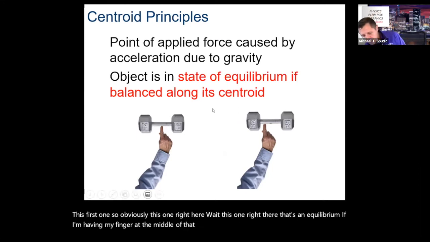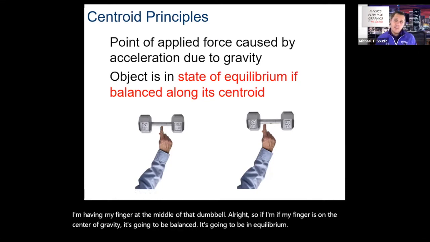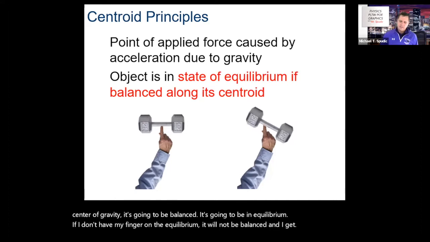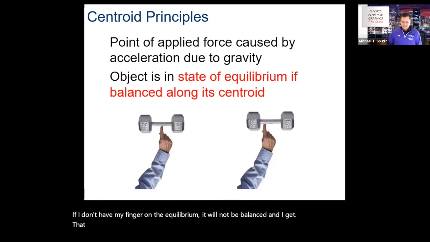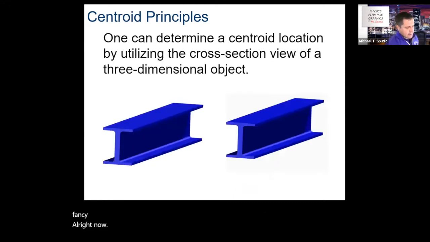So if my finger is on the center of gravity, it's going to be balanced. It's going to be in equilibrium. If I don't have my finger on the center of gravity, it will not be balanced. Fancy, huh? Okay, all right, now, moving on with centroids.